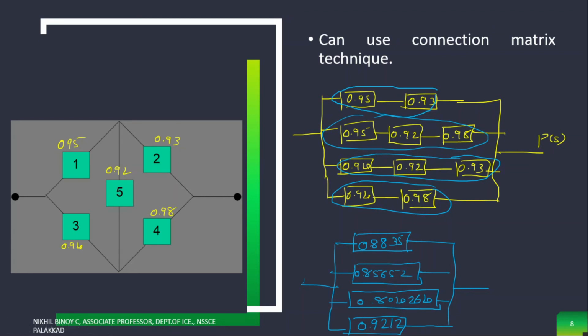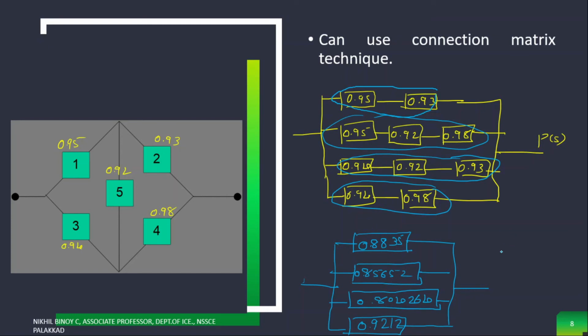So we have 1 minus 0.8835 into the next failure, 1 minus 0.85652, into the next failure, 1 minus 0.804264, into the last failure, 1 minus 0.9212.